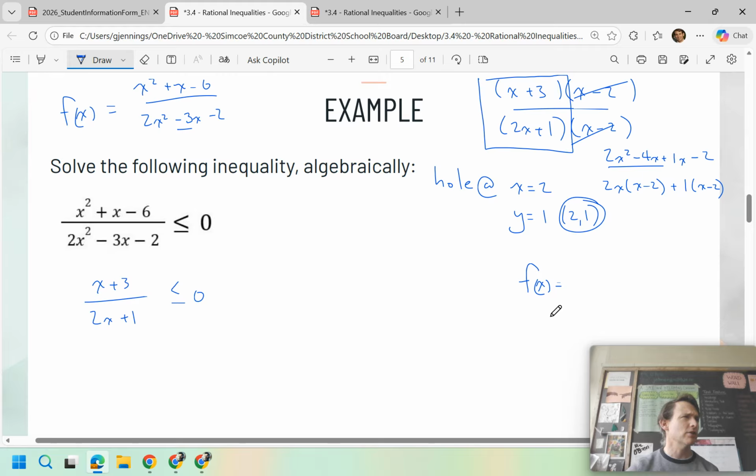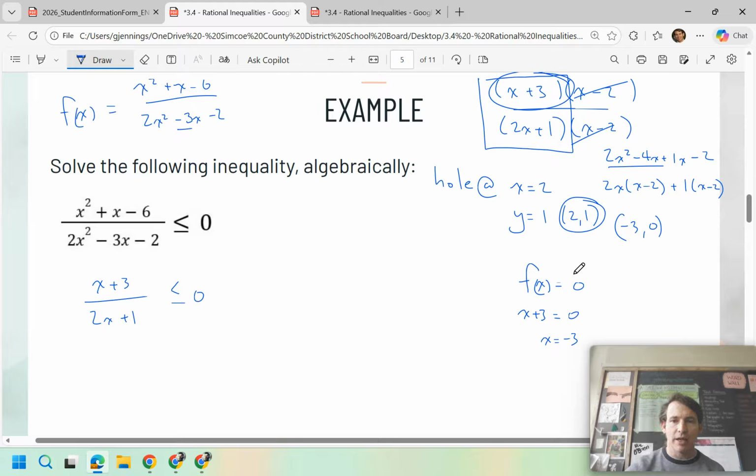How do we find an x-intercept? Setting y equal to 0. Yeah, we set the value of the function equal to 0, that is, set the numerator equal to 0. So x plus 3 equals 0, or x equals -3. So that gives us this key point, (-3, 0).